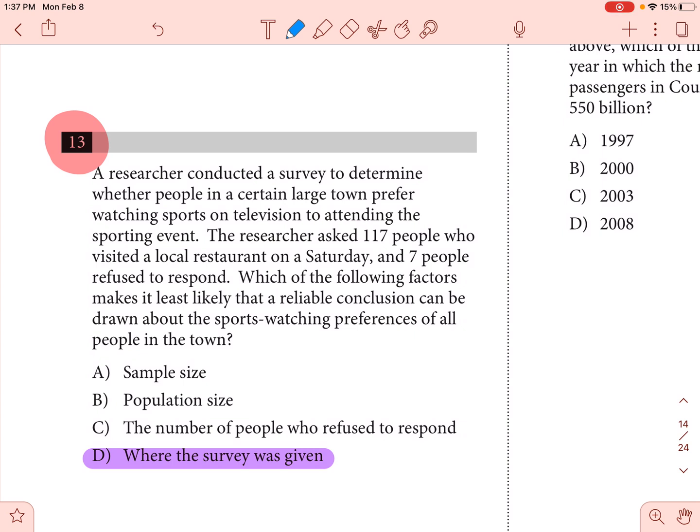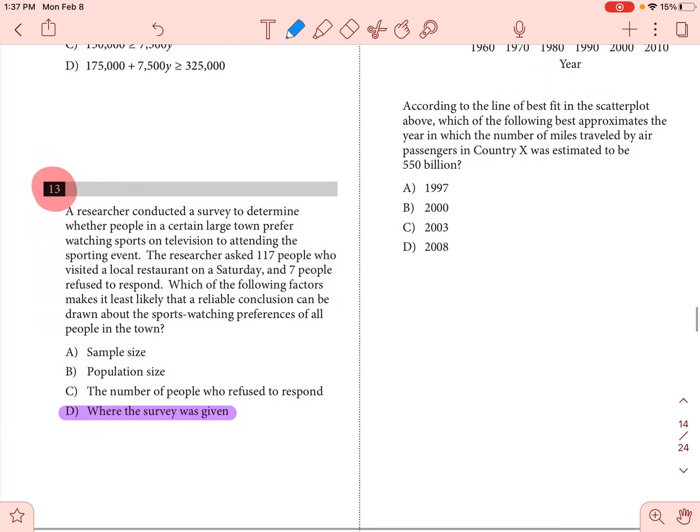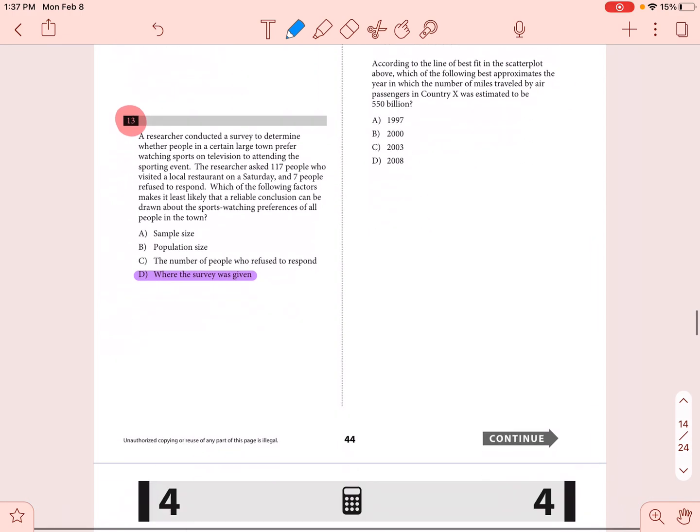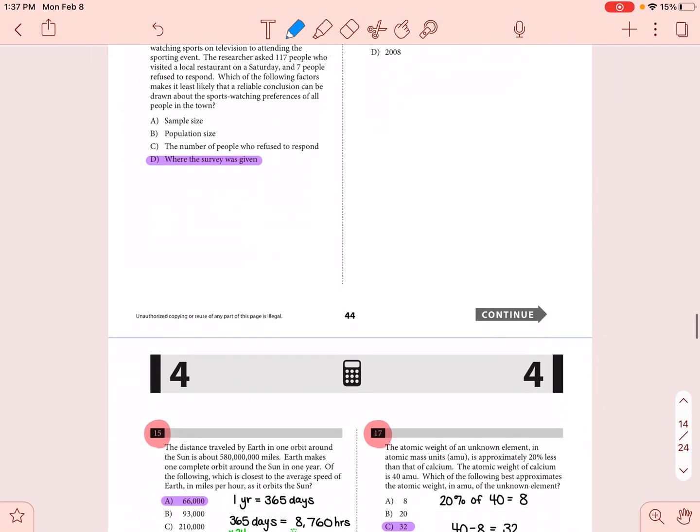So it might not be a good picture of what the overall conclusion might be. So that is the reason why the answer to number 13 is D, where the survey was given, makes this an unreliable result, okay? No math involved there, just stats and thinking about conducting research.